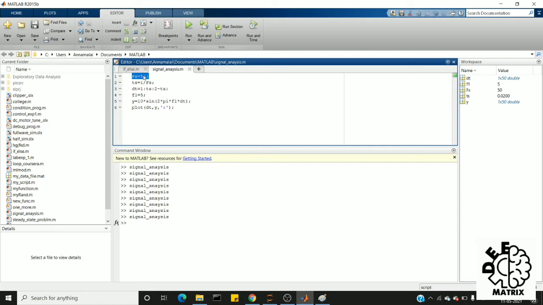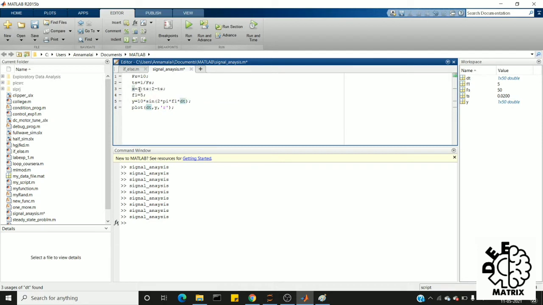Let me declare my f of s, my sampling frequency, to be 10. We all know that time period is the inverse of the frequency, so the sampling time t of s is equal to 1 by f of s, which is the inverse of the sampling frequency. Here is my dt, or we can also call it x, the time data.